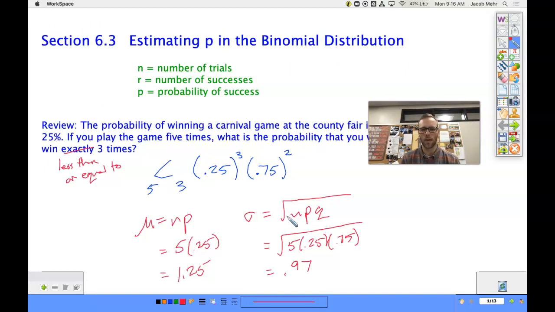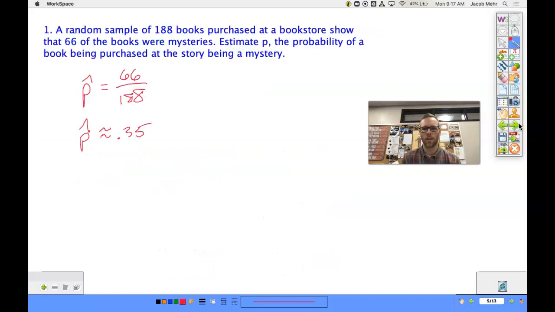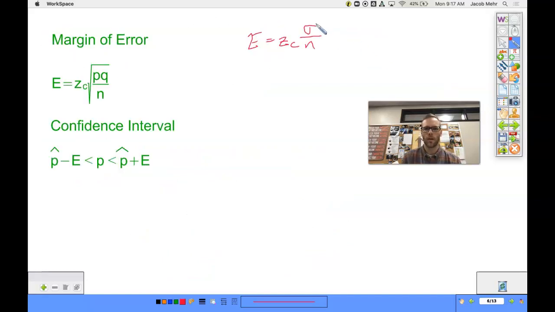Remember when I did it on this page? It's the square root of npq. And if I change that standard deviation, that sigma, to the square root of n times p times q, and I put it over n, watch what happens.